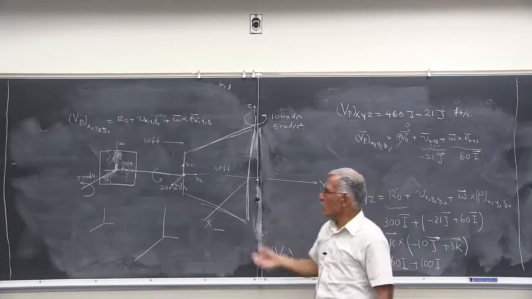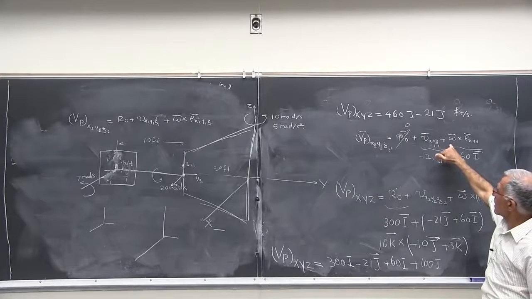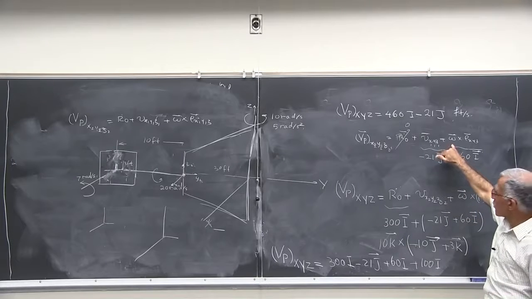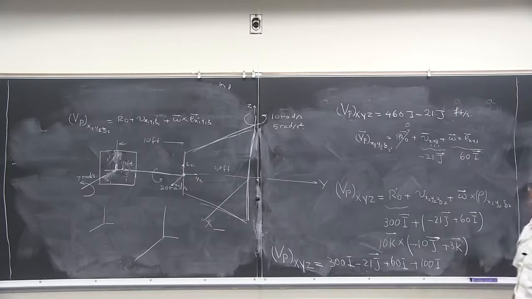So you can say omega times that, and omega is equal to 20 capital J times rho 3k. The answer becomes 60I. So velocity of the astronaut head respect to the x2, y2, z2 is minus 21j plus 60I.